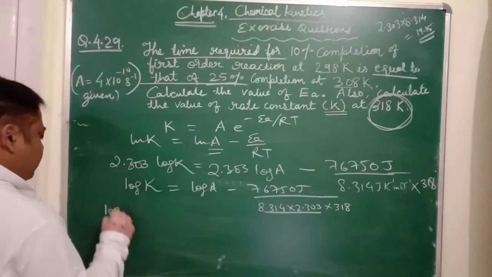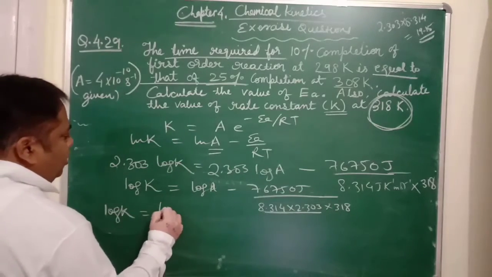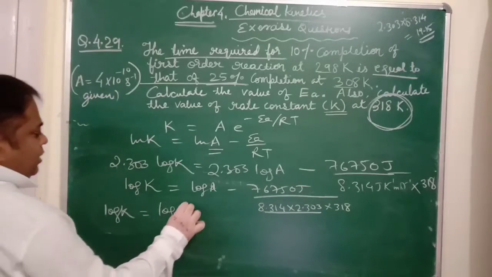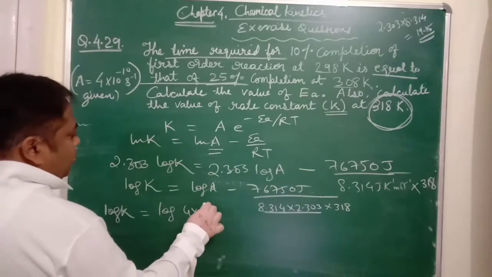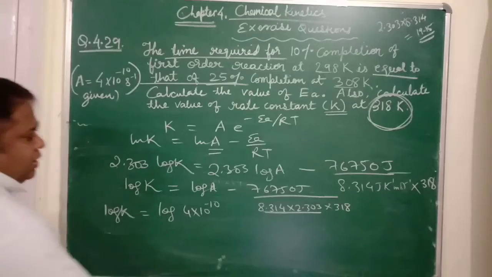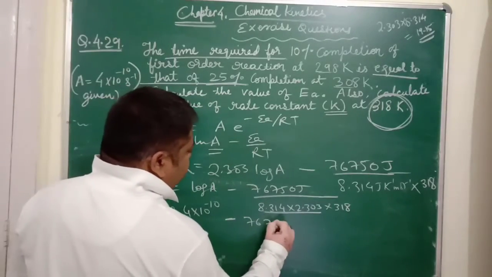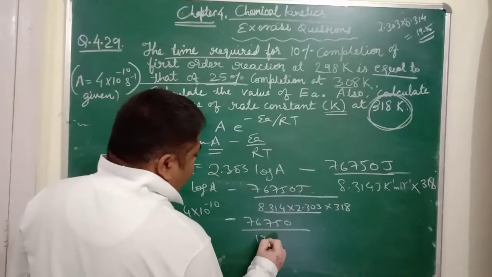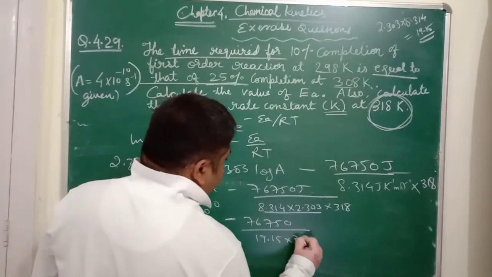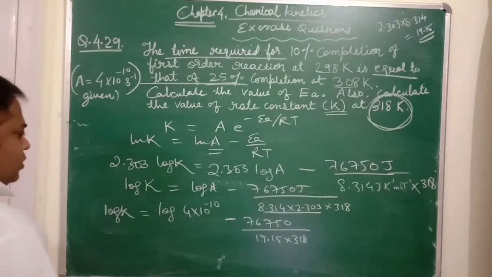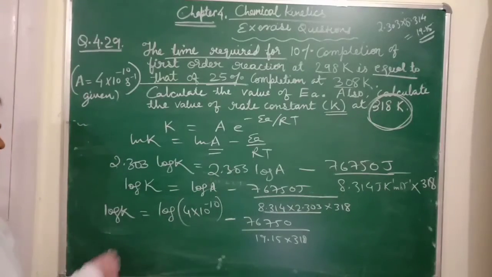So log k will be equal to log A, which is 4 into 10 to the power 10 per second, minus 76750 divided by 19.15 into 318. This value can be found out from the table.